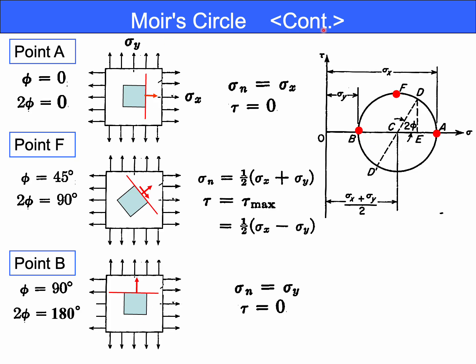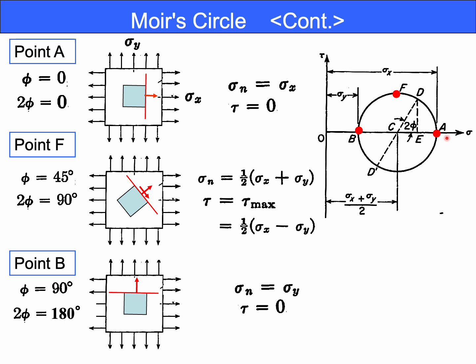In this slide, let us compare some points shown on Mohr's circle with the inclination angles, as well as the normal and shear stresses acting on the corresponding virtual planes. Look at the point A on Mohr's circle. At this point, 2 phi equals 0. 2 phi starts from this point.